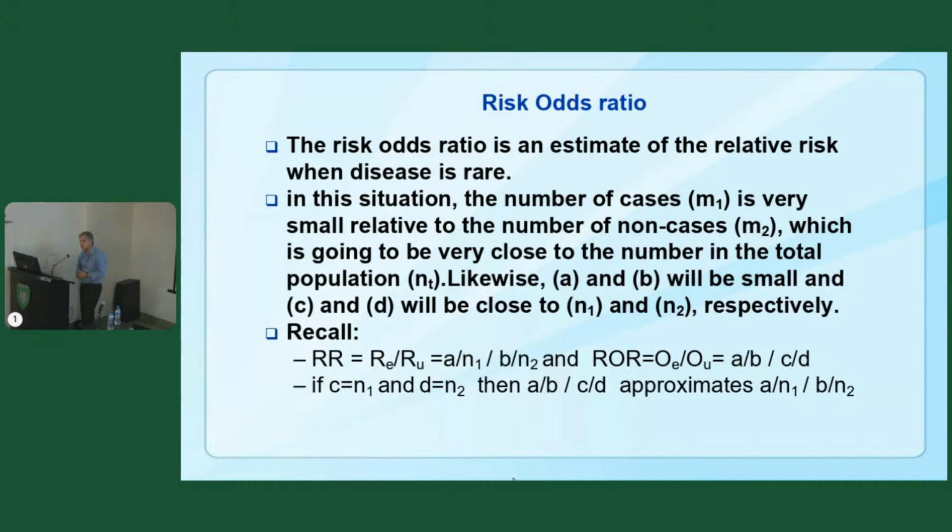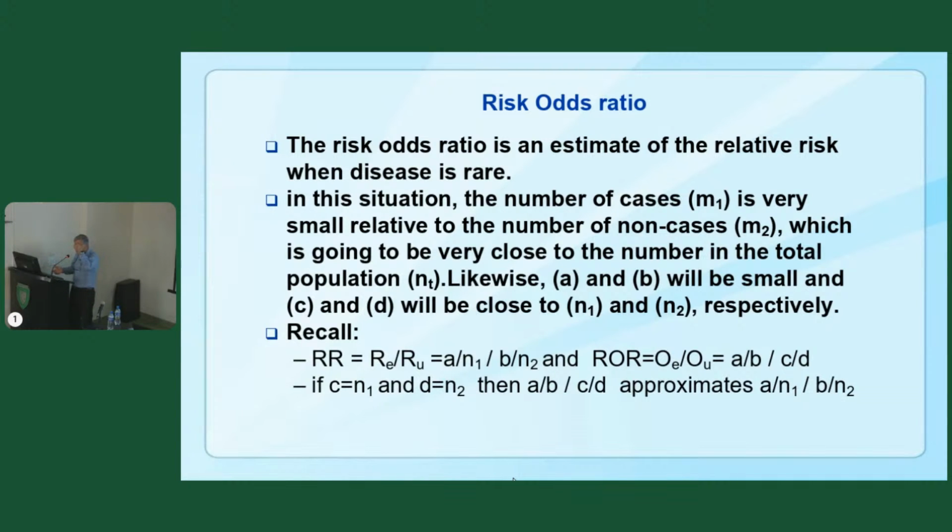So in this situation, when the outcome, or disease in this case, is rare, the number of cases M1 is very small relative to the total number, which is going to be very close to the number of the total population, meaning the M2 group, the non-disease group, is very, very similar to the total population.